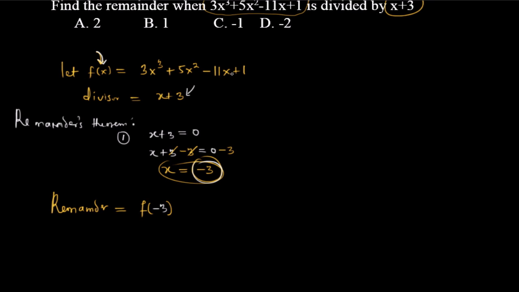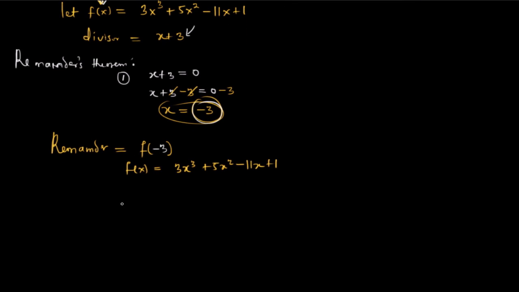So my f of x is 3x to the power 3 plus 5x squared negative 11x plus 1. To find f of negative 3, that simply implies anywhere I see x, I'll replace it with negative 3.